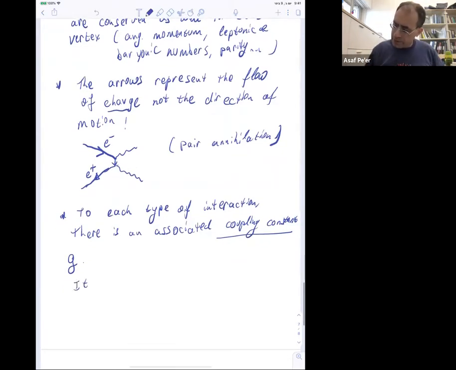It represents the strength of the fundamental interaction.